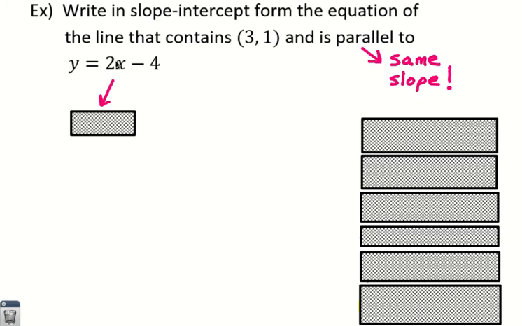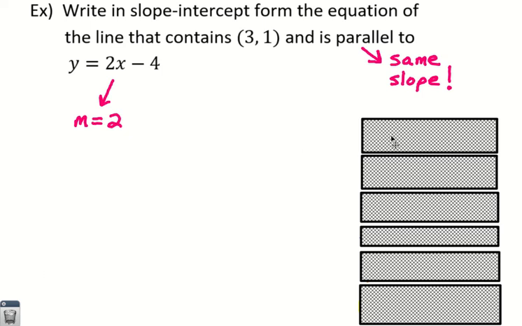Now, listen. We're going to take this and just get its slope. We're not going to plug into this equation or work this equation around, moving things around. No. We're going to build our equation from scratch, but we need our equation to be parallel to this equation, meaning we just need to know what the slope is so we can use the same slope. 2.